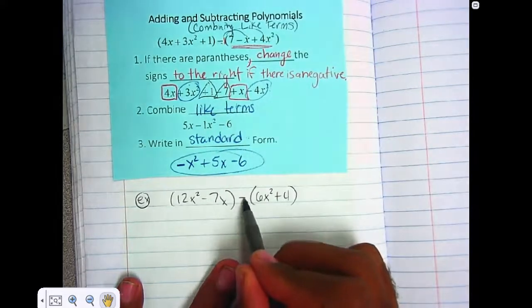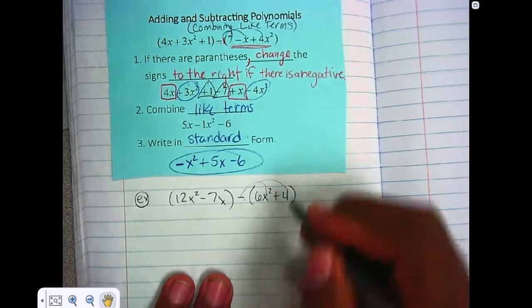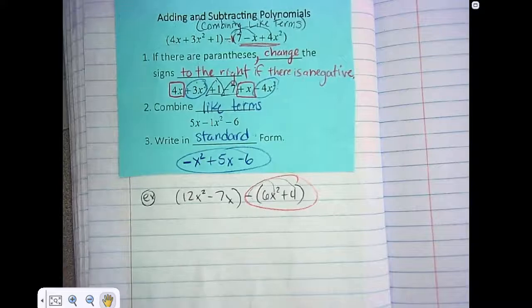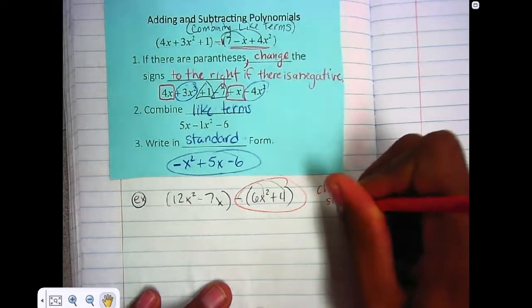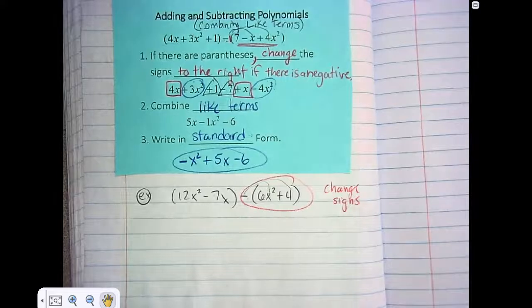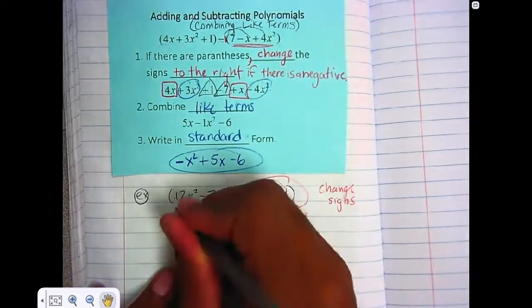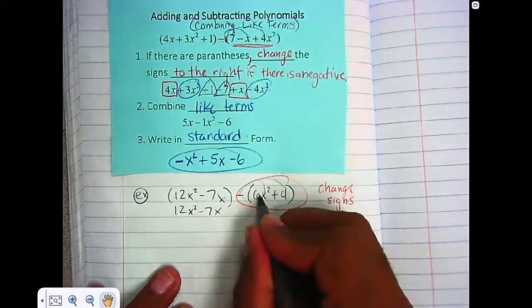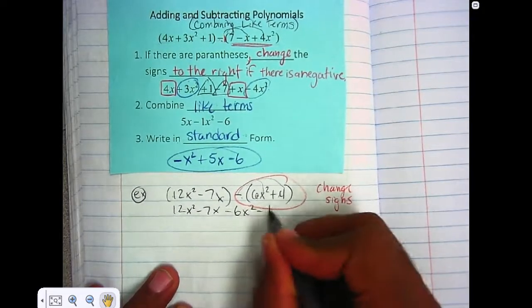So here, I'm going to take this negative, and it's going to change each sign to the right. Okay? So then, on the next step, I can take away the parentheses because nothing changes on the left. But now this 6 becomes negative 6x squared, and this 4 becomes negative 4.